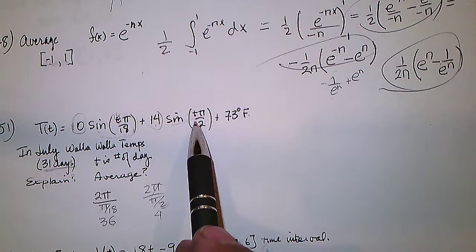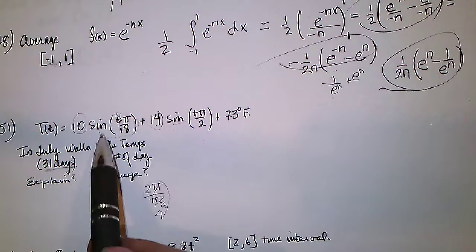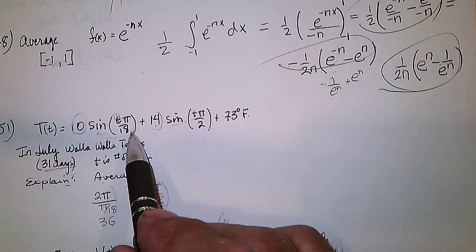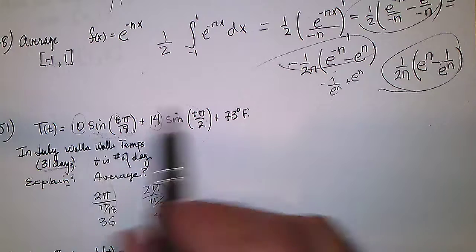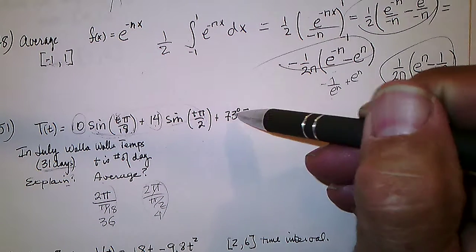So this is saying every 4 days something happens. And this says every 36 days something happens. And I can't explain why that's happening. But the average over this time should be the area under this, the integral of all this plus 73.